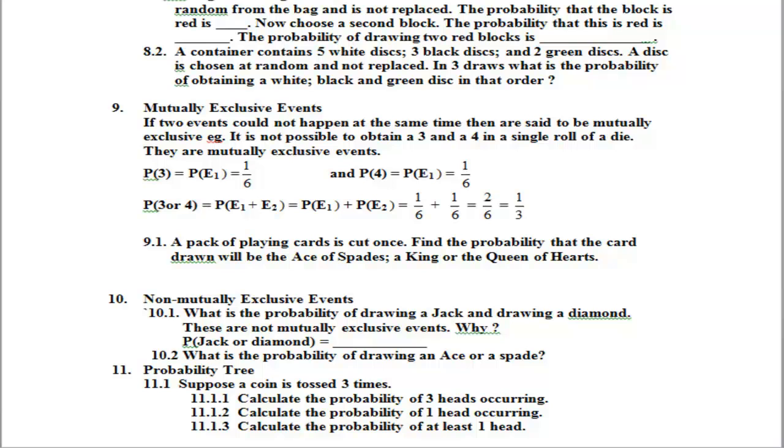Non-mutually exclusive events. What is the probability of drawing a jack or a diamond? These are not mutually exclusive events. Why? The probability of drawing a jack or diamond will actually be a situation like this.